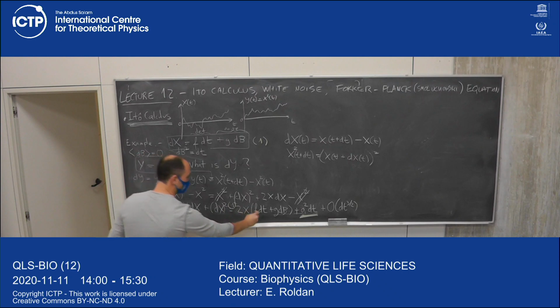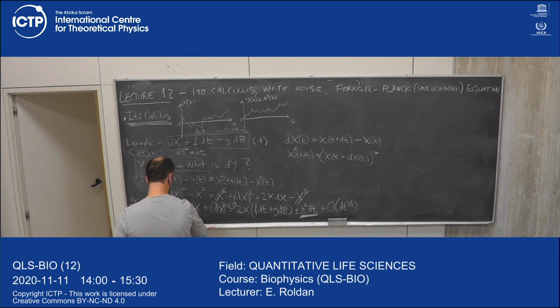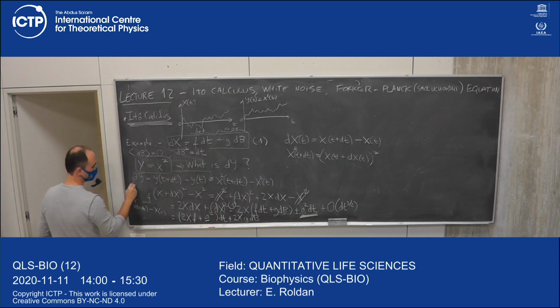So now what we get, you see there is this dt term and this dt term: 2x f plus g squared, very important this term, dt, plus 2x g dv. Okay, this is the way dy changes.